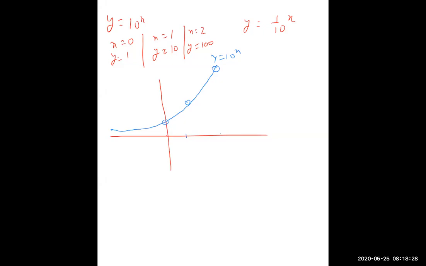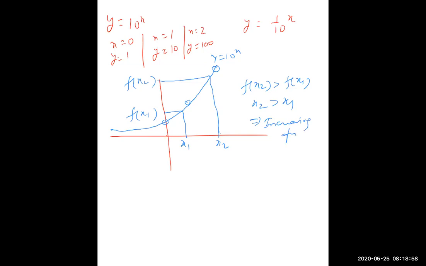That means this is x1, this is x2. So this will be f(x1), this will be f(x2), so I can say that f(x2) is more than f(x1), as x2 is more than x1. So this implies it is an increasing function.